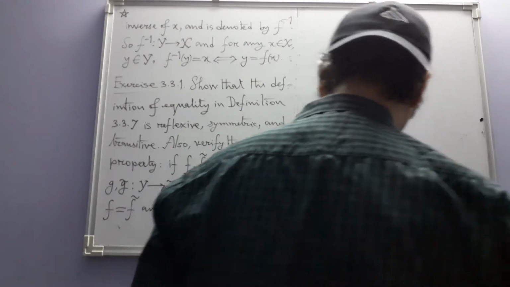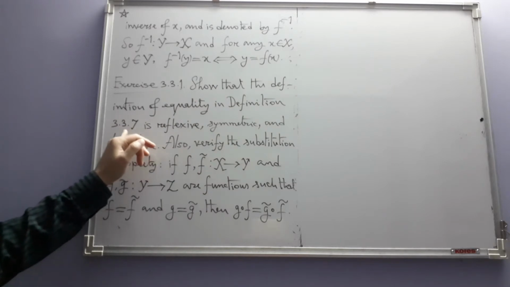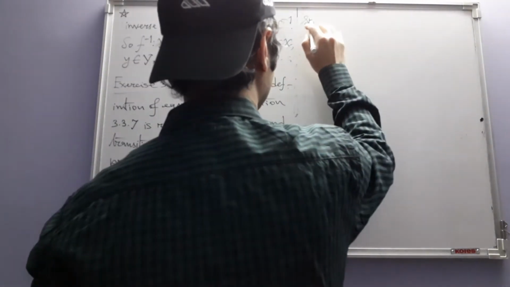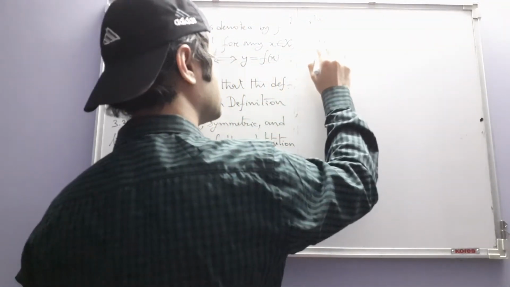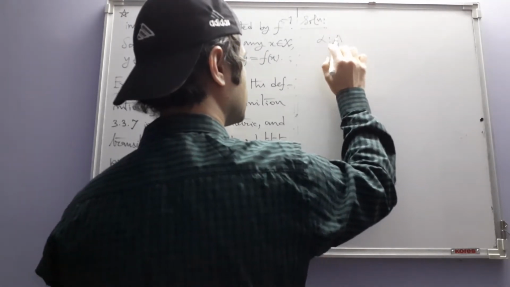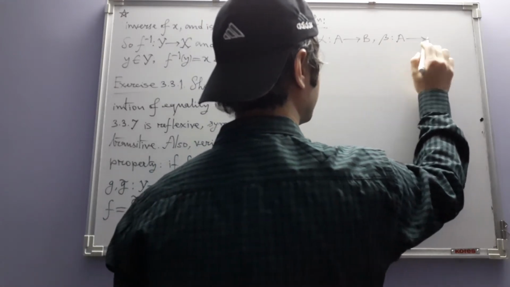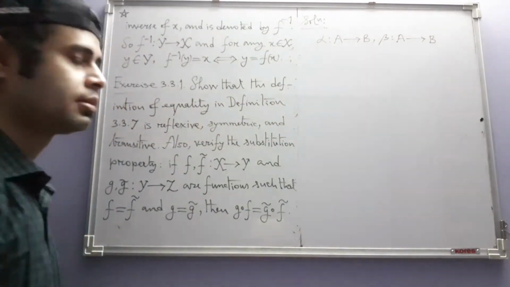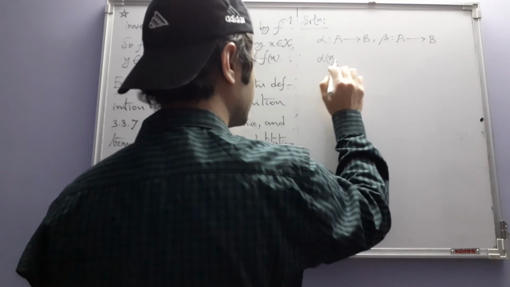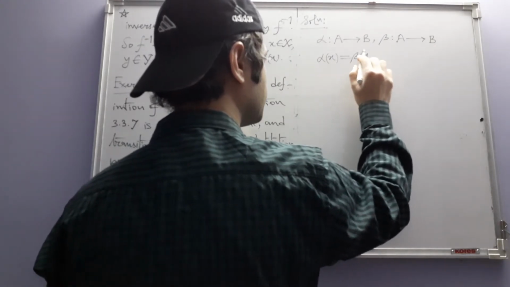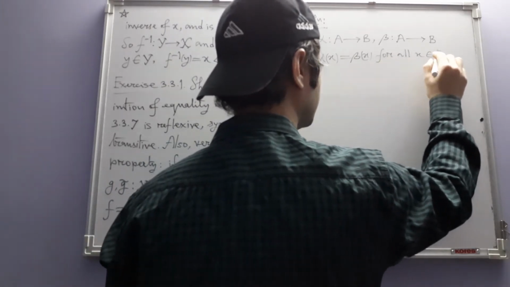So we first recall in brief what this definition says, definition 337. It just says that if we have two functions, say alpha and beta, having the same domain A and same range B, then they are said to be equal if alpha x is equal to beta x for all x in the domain.